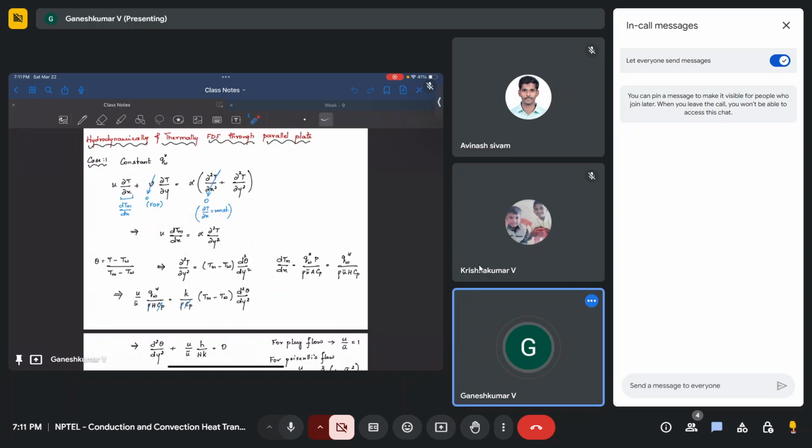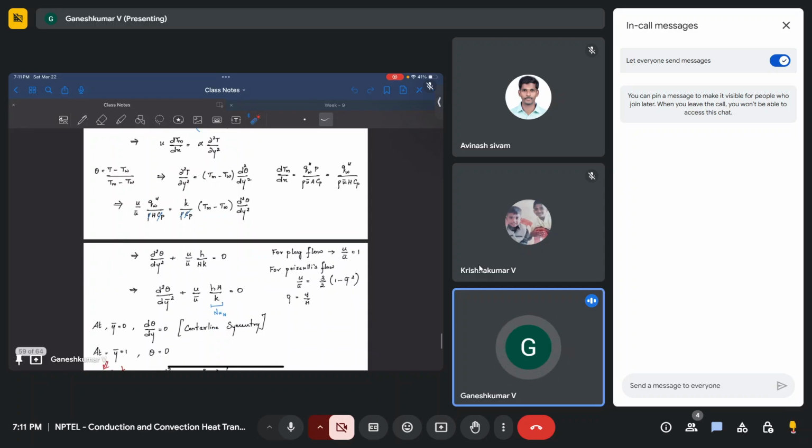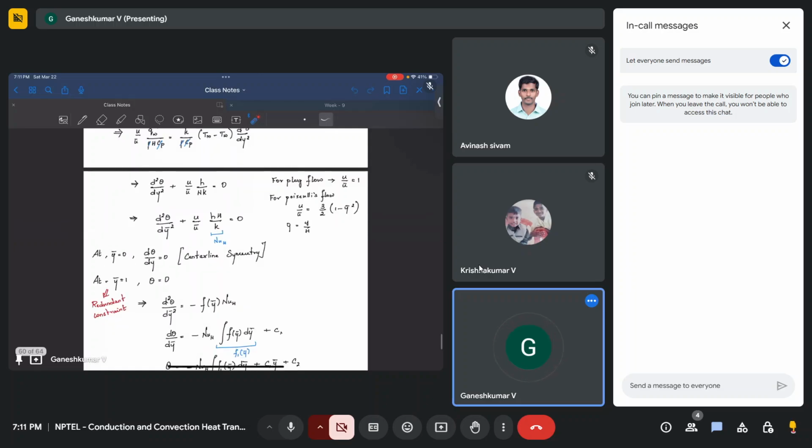Once you know the temperature profile, you can find the Nusselt number. Since we always deal with non-dimensional parameters, we did the non-dimensionalization in terms of theta and y bar, and we know dTm by dx for constant wall heat flux. We can simplify it and substitute it, and you will end up with a simpler equation.